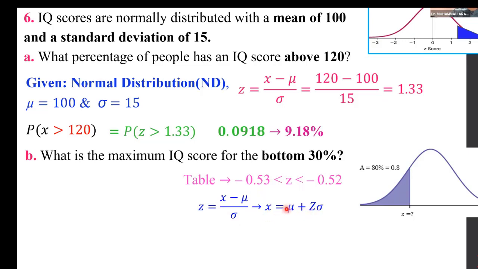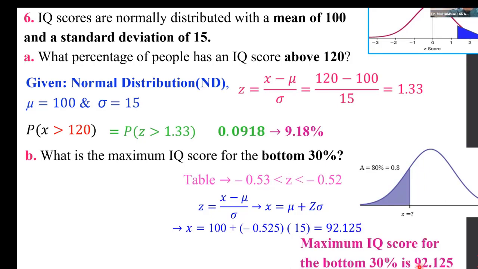So mu, 100, plus z, so you put negative 0.525, let's say, times sigma, which is 15, and it gives you 92.125. Now, the maximum IQ score for the bottom 30% is 92.125.